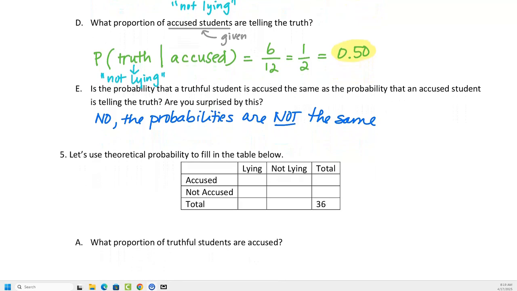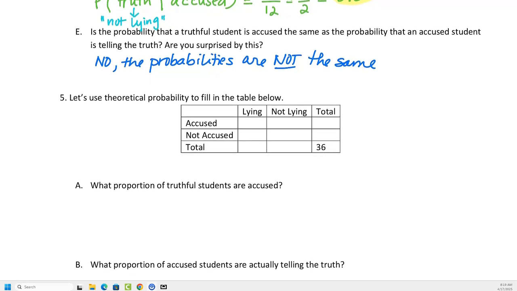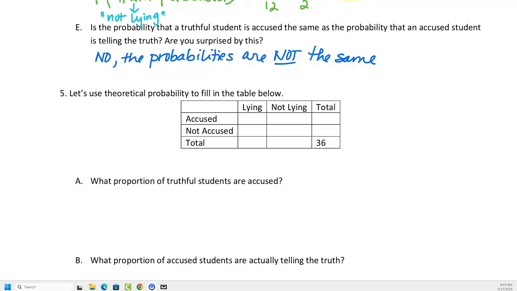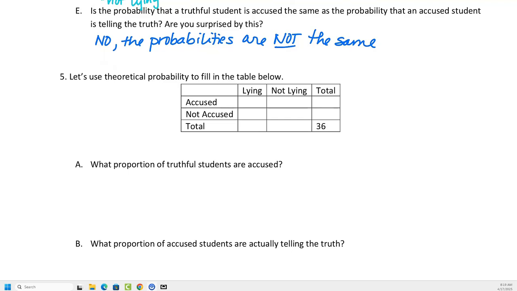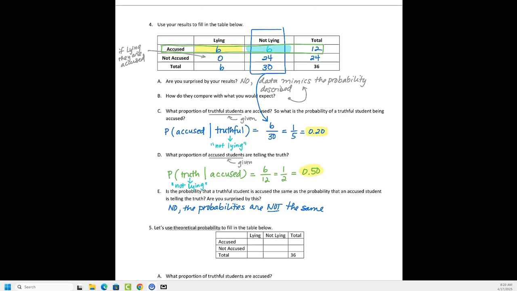Okay. Now it says, let's use the theoretical probability to fill in the table below. So notice here, we're using theoretical probability right now. So what were we using up above? We weren't using theoretical.